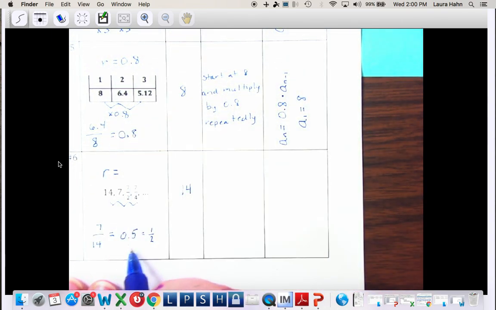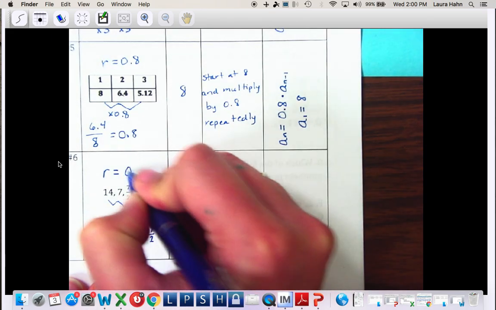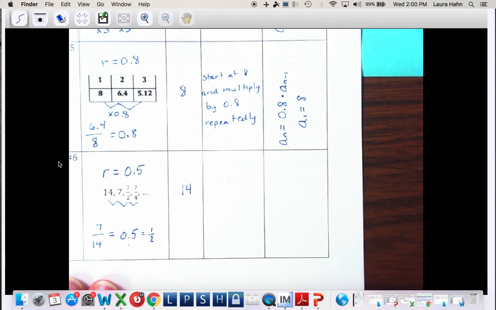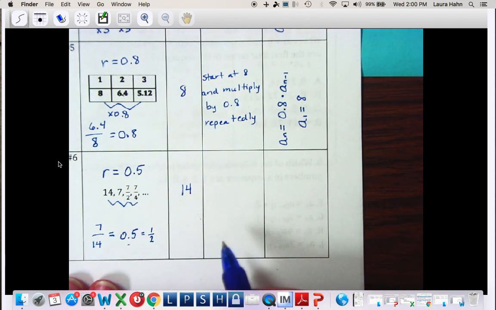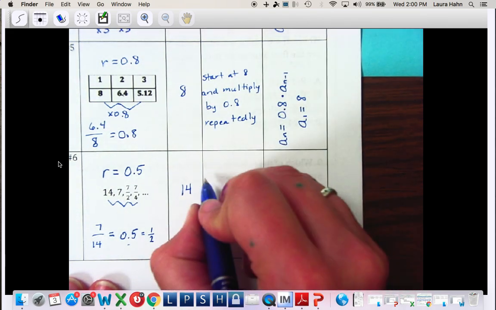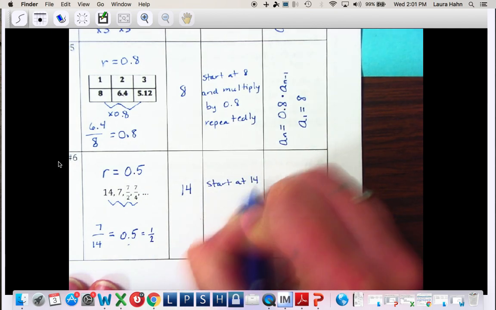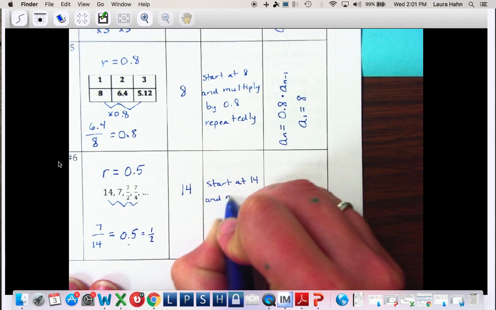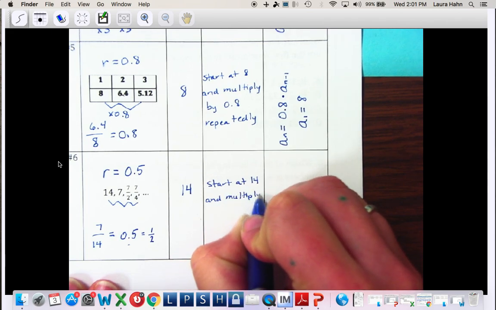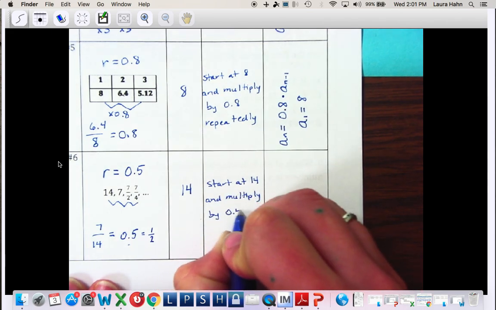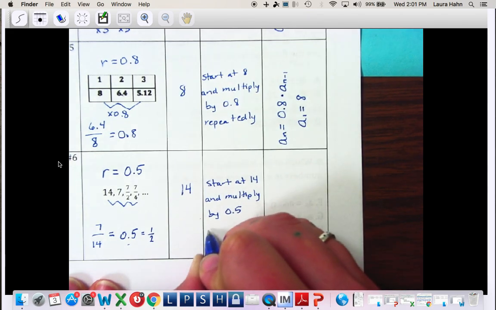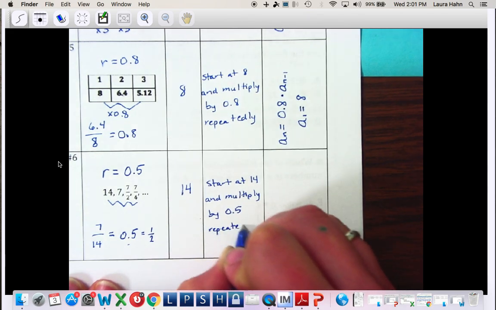So I know that our common ratio is either 0.5 or 1/2. I don't care which one you want to use. I'm going to write 0.5. Either one works. Okay, so we started at 14, and we multiplied by 0.5 or 1/2 repeatedly.